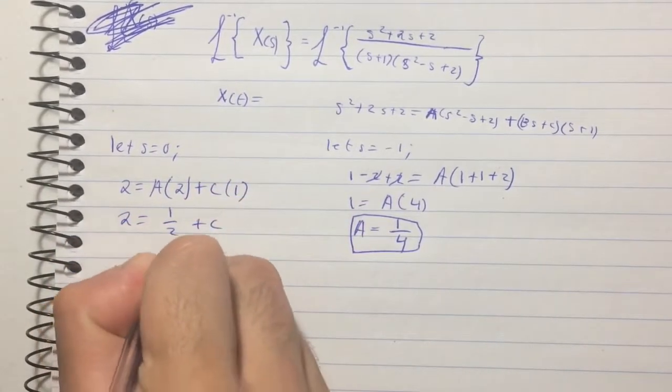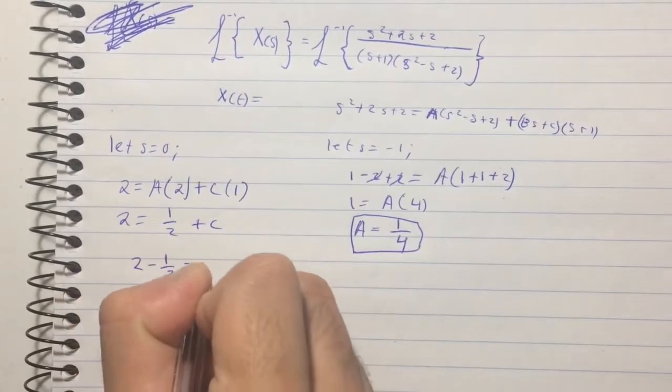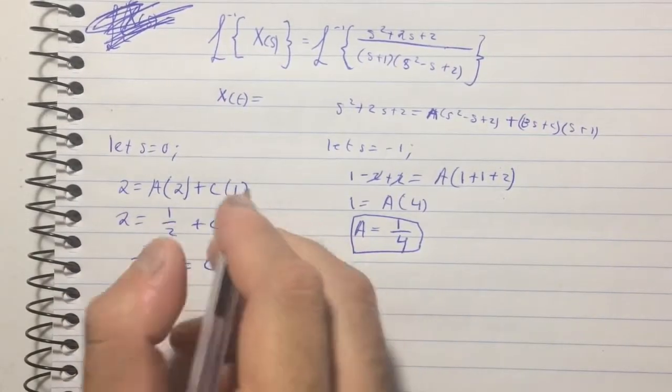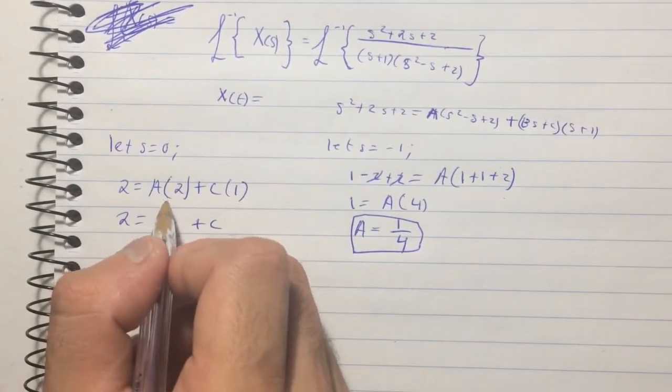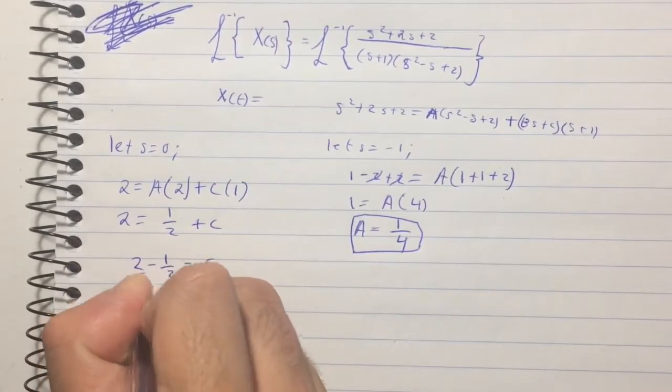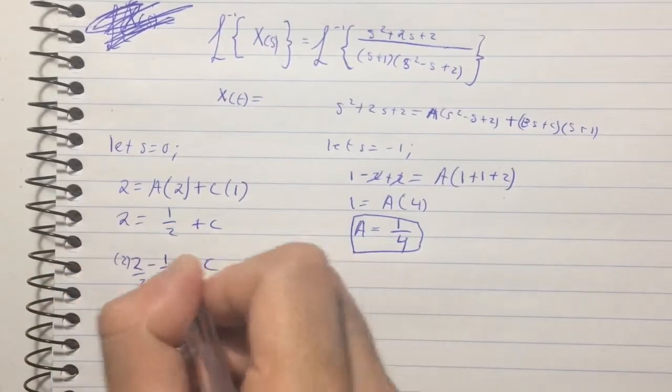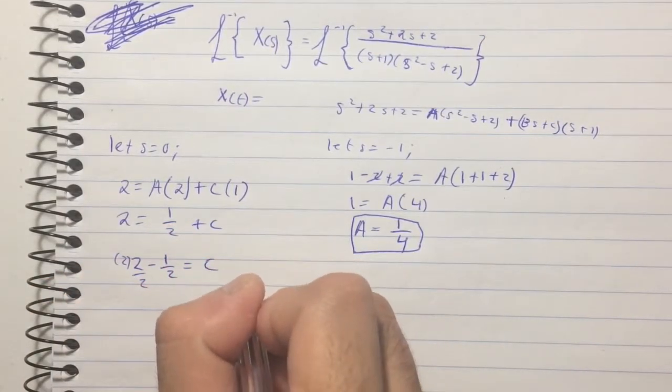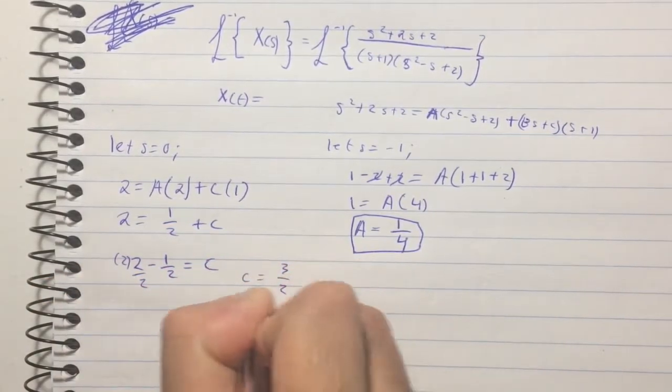So 2 minus 1/2 is equal to c. And obviously 2 minus 1/2, you've multiplied top and bottom by 2, I knew this is going to be just 3/2.